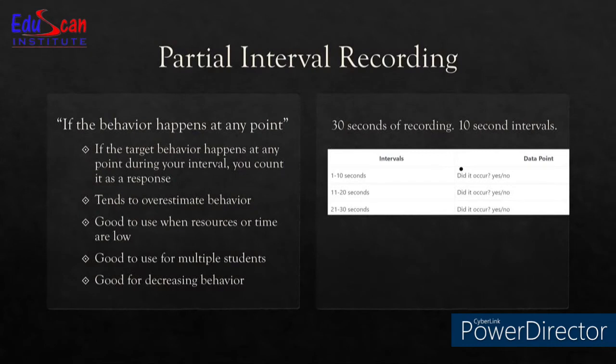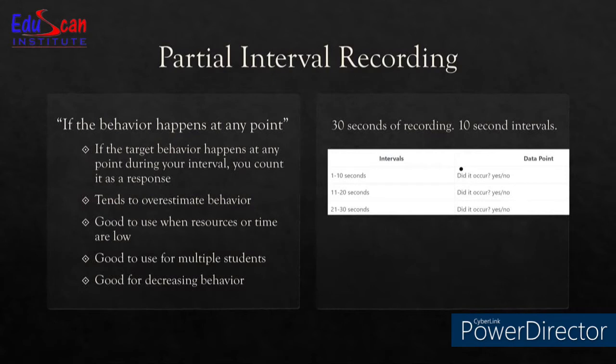Now, talking about interval recording, partial interval recording. If the target behavior happens at any point during that interval, you count it as a response. Second, it tends to overestimate behavior because the behavior happens only once, but it's counted for the total interval.